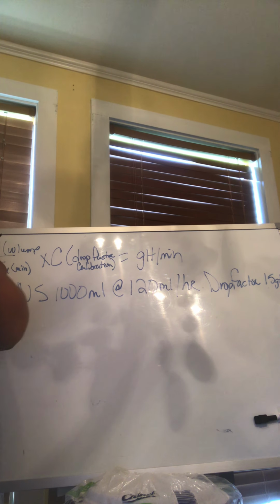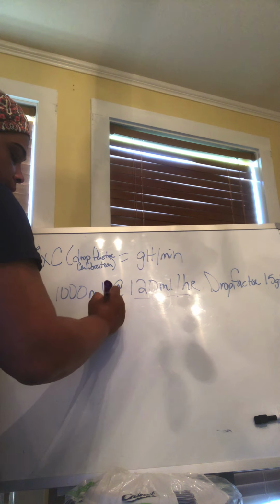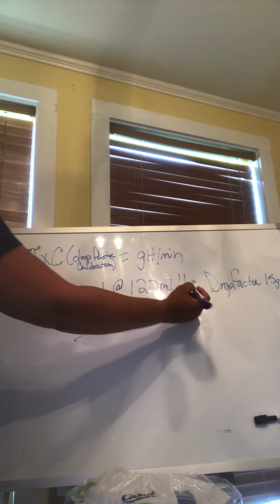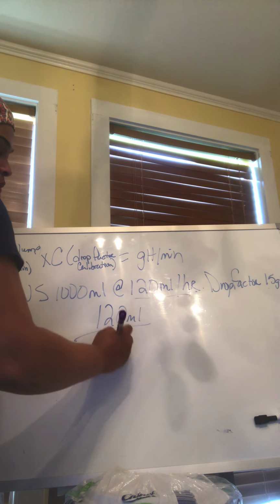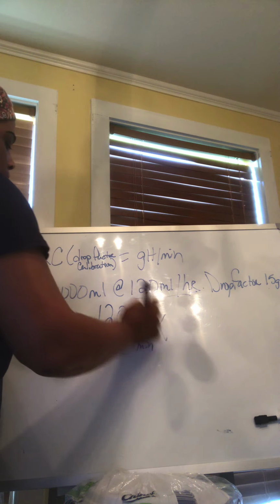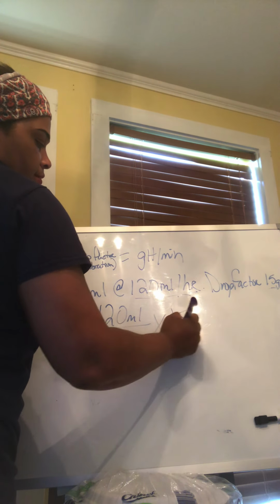We have what we need to put in the volume, 120 milliliters. Our time in minutes, we have 1 hour, so it's 60 minutes. Times our drop factor, which we have, which is 15.